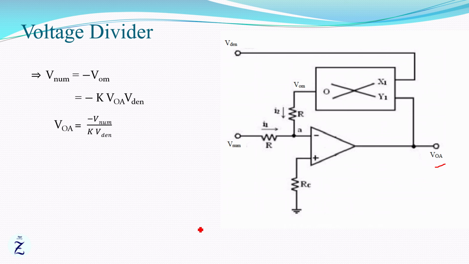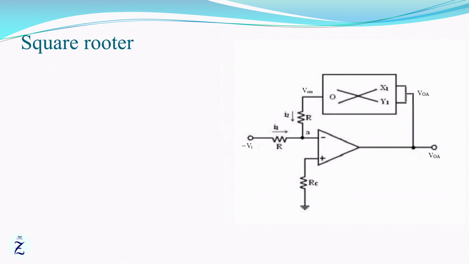This circuit can also be used as a square rooter if the op-amp output is connected to both inputs of the multiplier. In this case, V denominator is equal to VOA and the input minus Vi is applied here. Then V numerator is equal to minus Vi. Hence, the op-amp output VOA will be equal to minus of minus Vi divided by K into VOA.